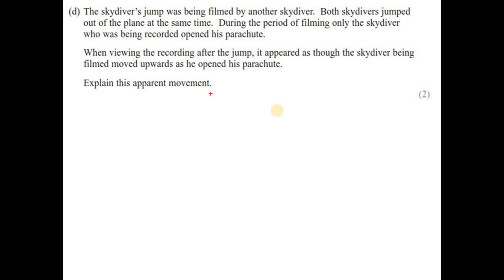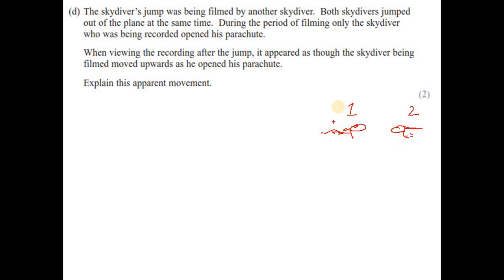It's quite clear. Suppose you have two divers, this is diver 1 and this is diver 2. Diver 1 is the one who's being filmed, and diver 2 is filming. Diver 1 opens the parachute.